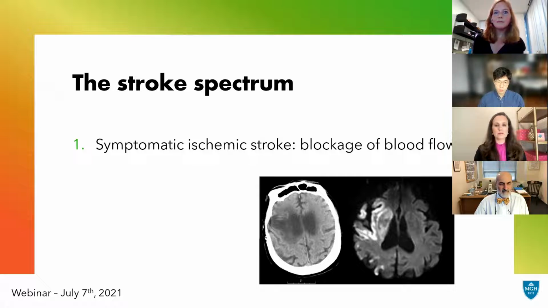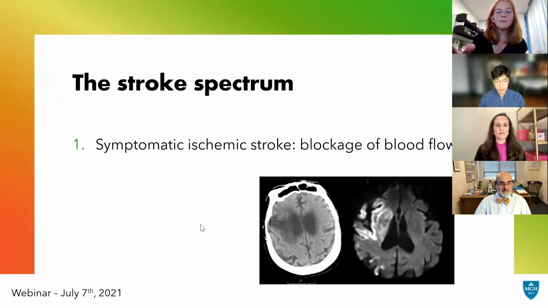Ischemic means a blockage of blood flow, a plugging up of a blood vessel that supplies part of the brain, and symptomatic means a big enough area of stroke to cause symptoms. As shown on the scans here, and Susanna's kindly outlining where the area of damage is, it sticks out as being different from the rest of the brain, but not from bleeding in this case, it's from loss of blood flow. So that's a big category.